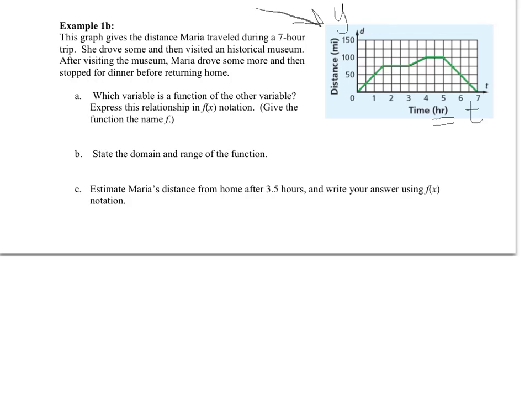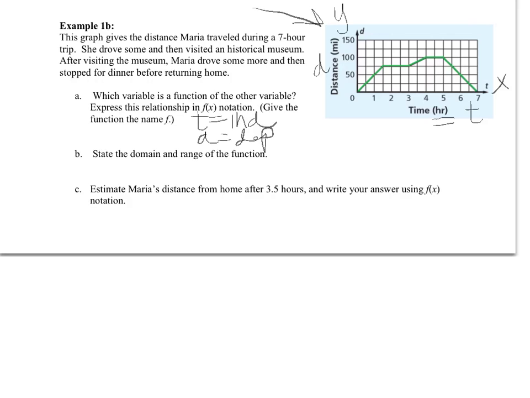Part A, which variable is a function of the other variable? Express this relationship in f of x notation. Give the function the name f. In this case, we have distance on the y-axis and time t on the x-axis. The x-axis is the independent variable, so t is independent and d is dependent.